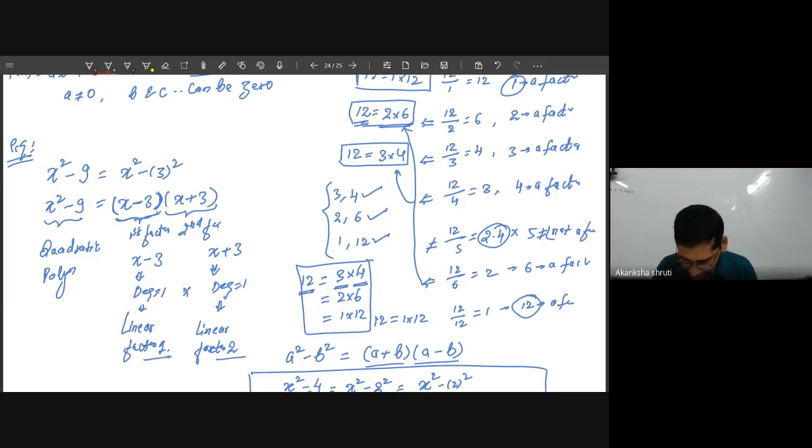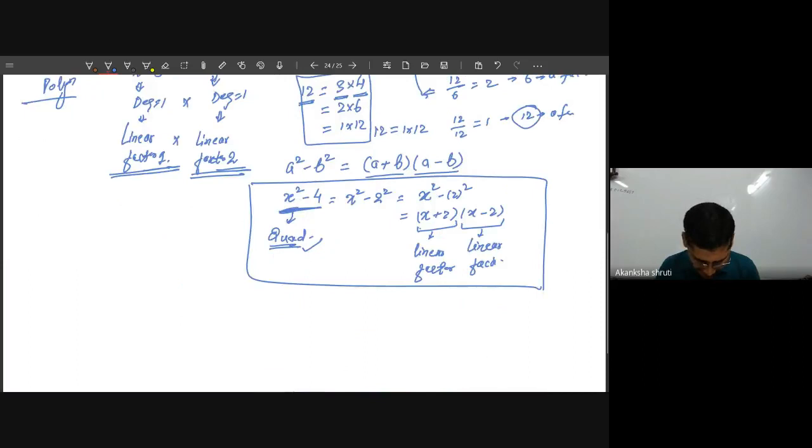Okay, students? Now these linear factors have to be multiplied to get this quadratic polynomial. So this quadratic polynomial equals the product of these two factors. What we have observed from applying the identity is that a quadratic polynomial can be factorized as the product of two linear factors. So write that point.